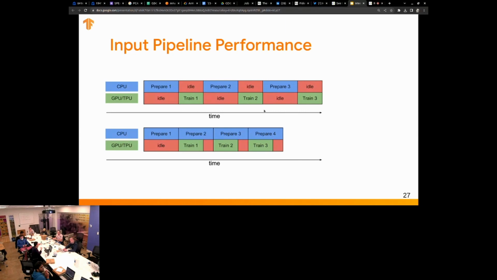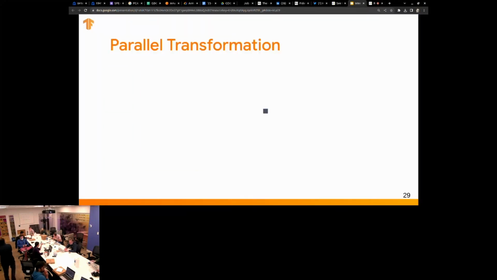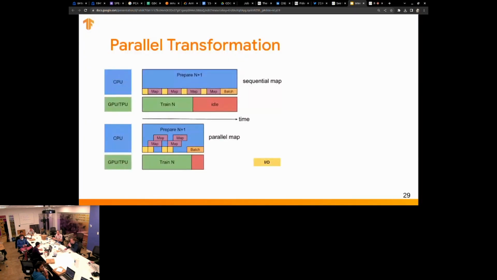And while you are working on your GPU, the next batch of data gets ready. To do that, when you are generating your dataset pipeline, you add one extra line of code that does the prefetch. By prefetch, you are collecting these batches of data for training ahead of time, so you are saving some time.